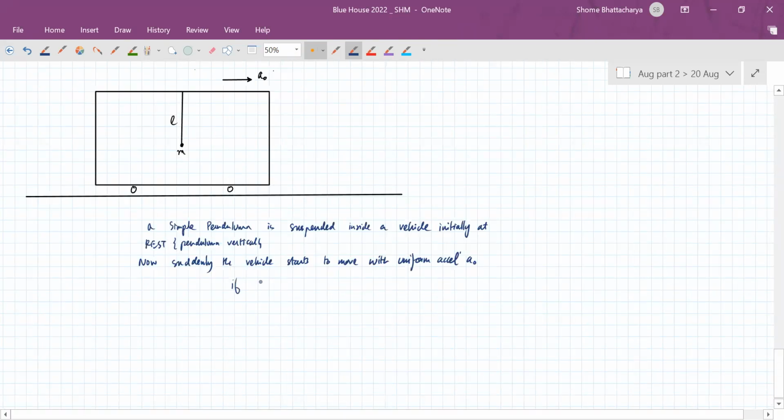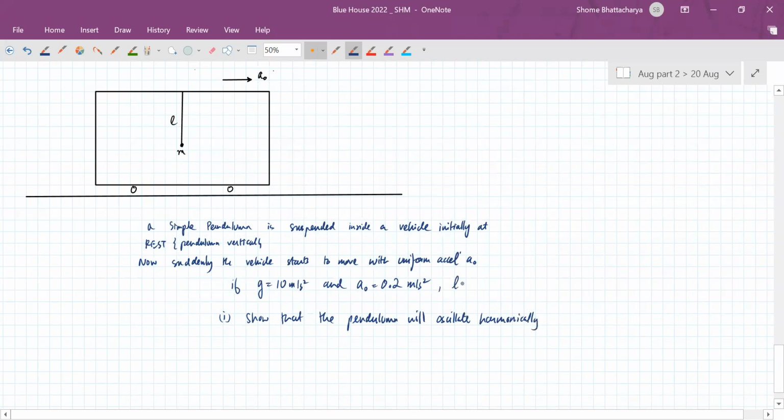So if g is equal to 10 meters per second square and A naught is equal to 0.2 meters per second square, show that the pendulum will oscillate harmonically.